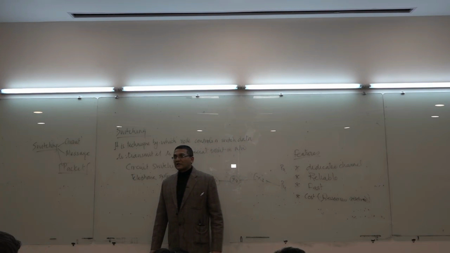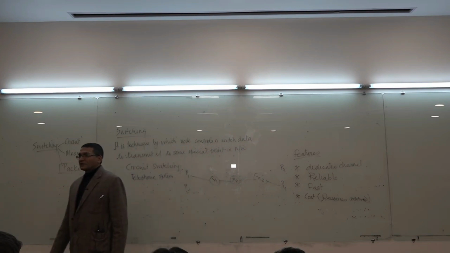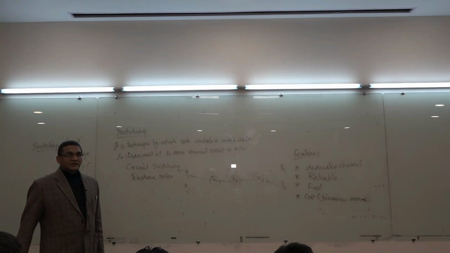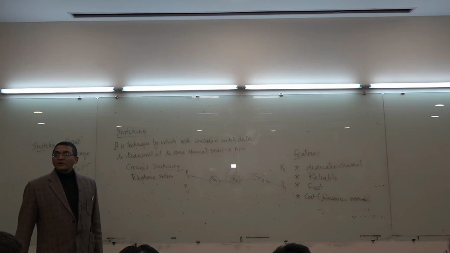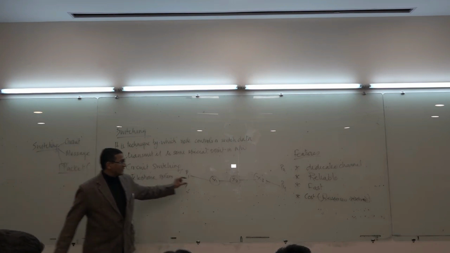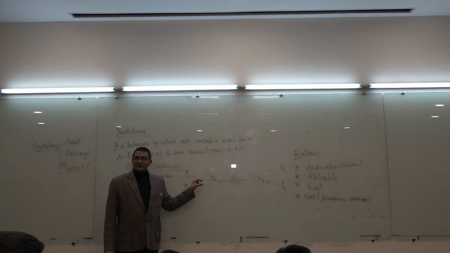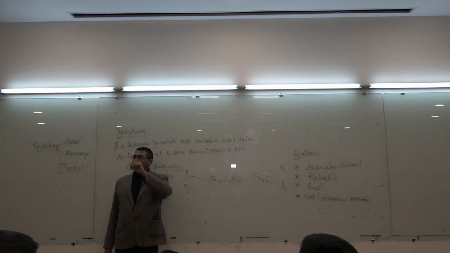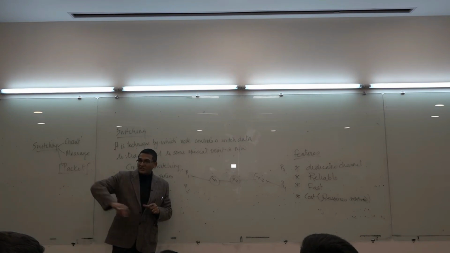Like the big companies such as Google, IBM, Microsoft. It is not good for us to establish one line. If I am sitting here and want to send data to some other person sitting in another city or country, I cannot set up my own channel. It will be very, very costly.